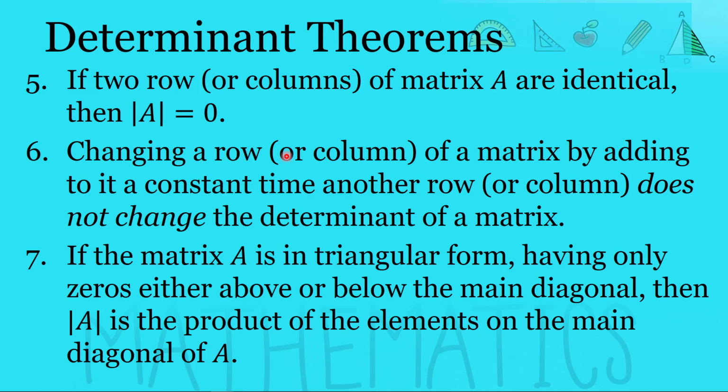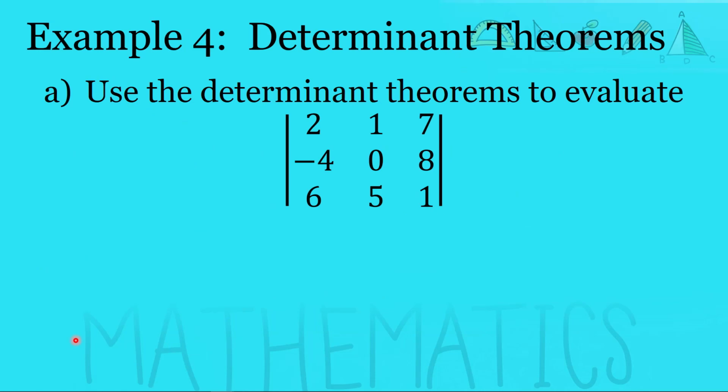And changing the row or a column of a matrix by adding to it a constant times another row or column does not change the determinant of that matrix. And then finally, if the determinant is in triangular form, having either zeros above or below the main diagonal, then its determinant is nothing more than the product of the elements on the main diagonal. And we're going to use them in a couple of examples.